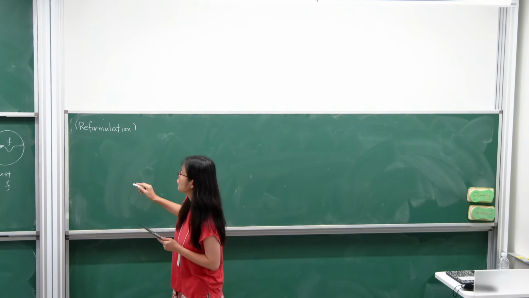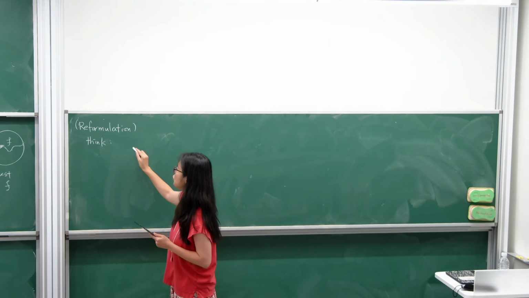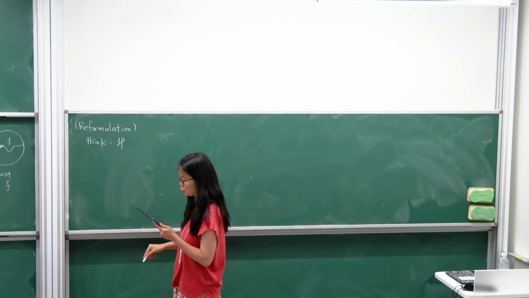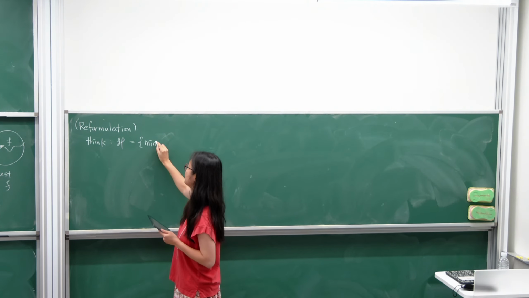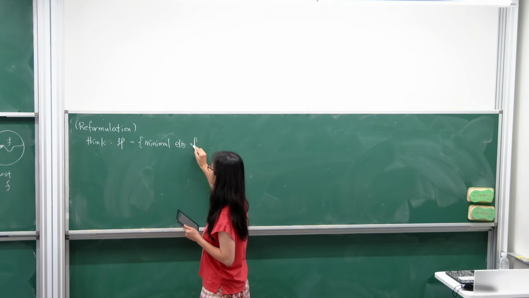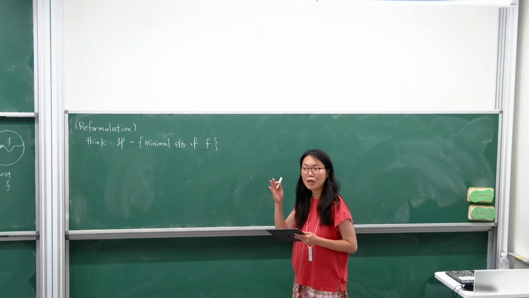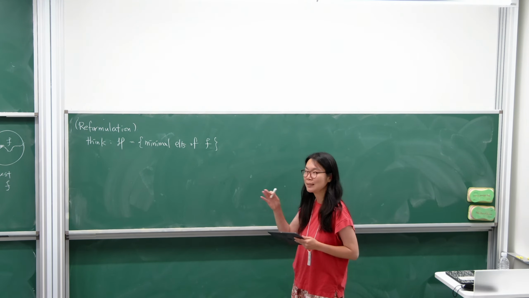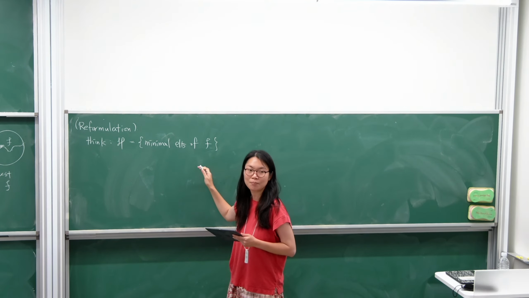In this reformulation, we are going to introduce another hypergraph H, which is just the collection of all of the minimal elements of a given increasing property F. So basically we change our viewpoint. Instead of looking at the entire increasing property F, we just focus on its minimal elements.